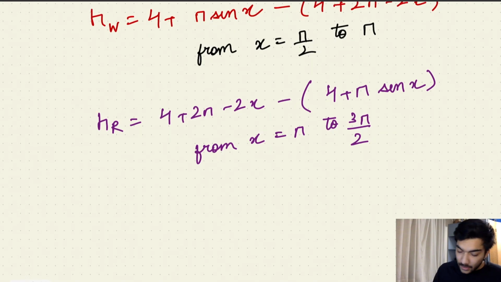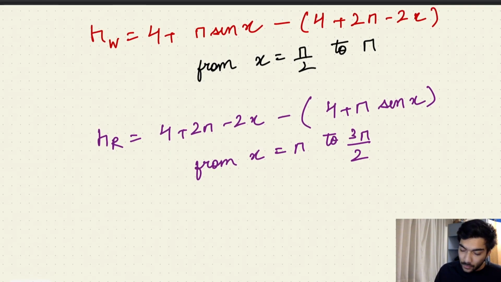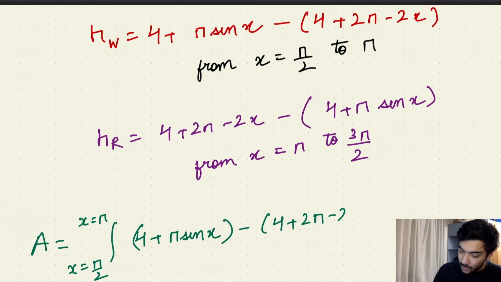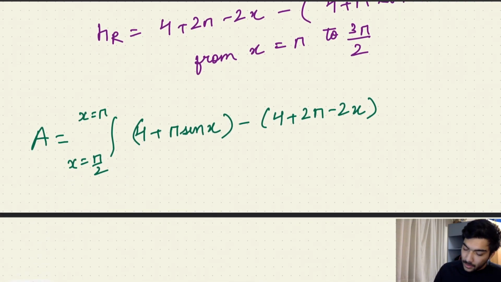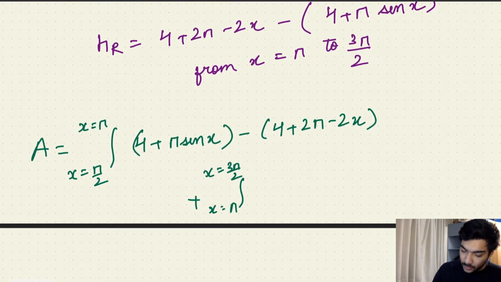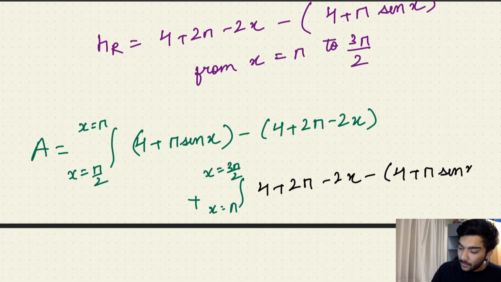So now, when considering the total area, which we can represent as A, the total area of the shaded region would be the integral from x equals pi by 2 to x equals pi of 4 plus pi sine x minus 4 plus 2 pi minus 2x, plus the integral from x equals pi to x equals 3 pi by 2 of 4 plus 2 pi minus 2x minus 4 plus pi sine x.